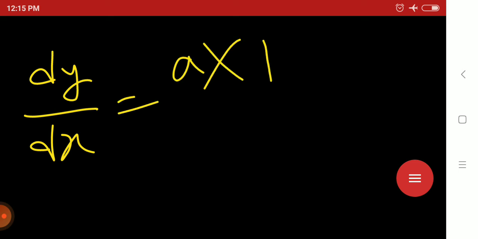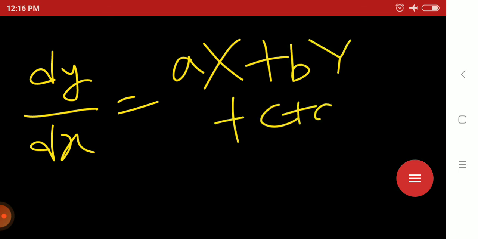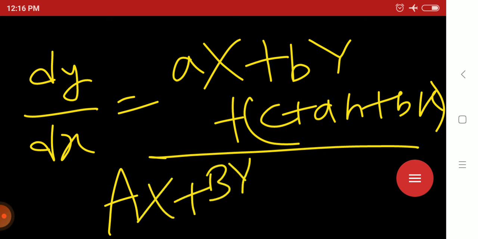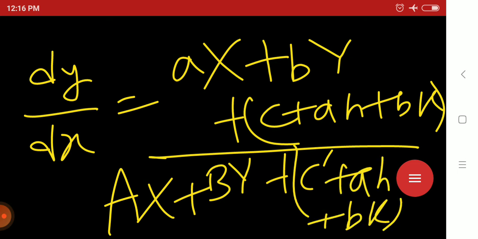Step 3 is that when you are writing dy by dx, now that you have put x equals X plus h and y equals Y plus k, you will get such a form: a into capital X, new variable, plus small b into capital Y, new variable, plus c plus ah plus bk, divided by capital A into capital X plus capital B into capital Y plus c prime plus Ah plus Bk.